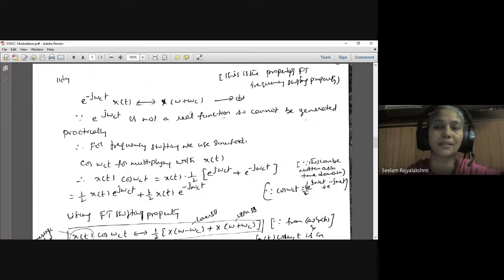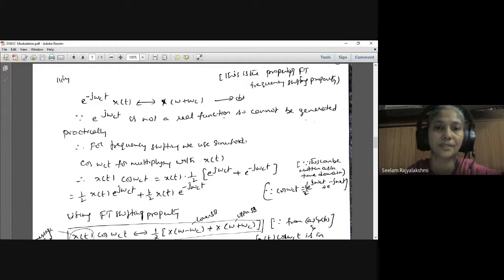These are not real functions, so they cannot be generated practically. Using this frequency shift property, we cannot generate them practically, because they are not real functions. So for frequency shifting we use a sinusoid. Already we did the frequency shift using the Fourier transform by multiplying with e power minus j omega c t or e power j omega c t, but because these are not real functions, practically they cannot be generated.